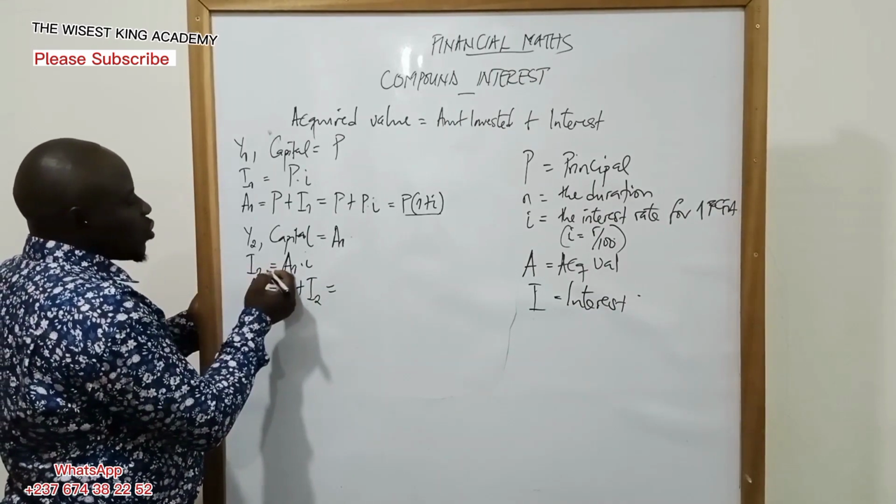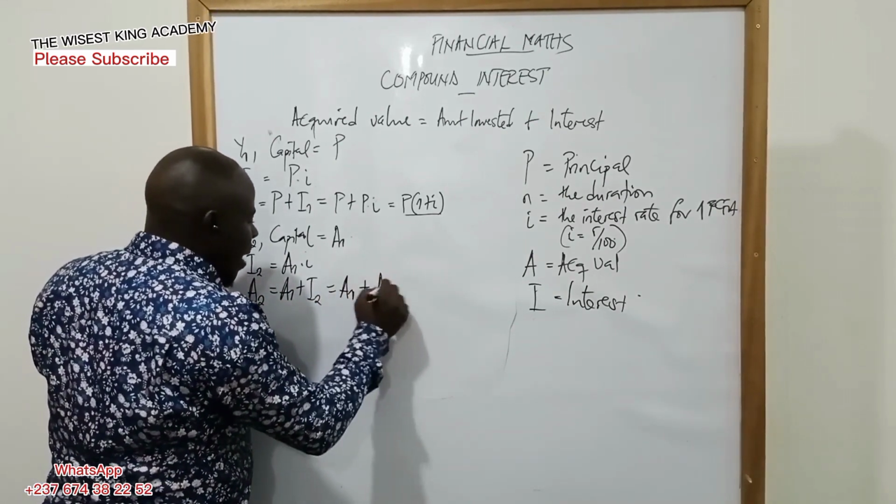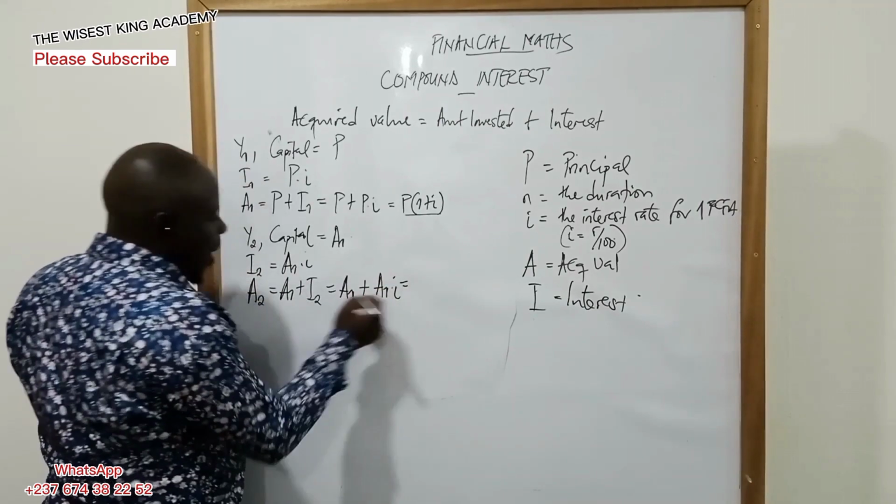But I2 is equal to A1 times I. So this will be A1 plus A1 times I. A1 is common.